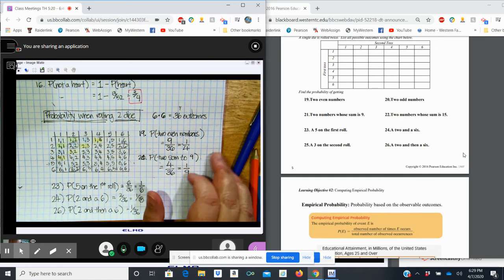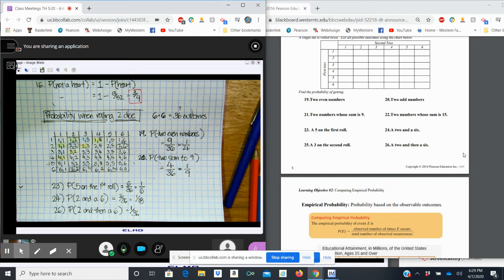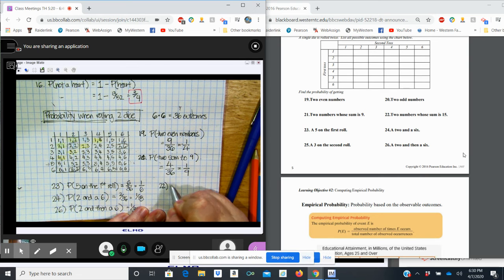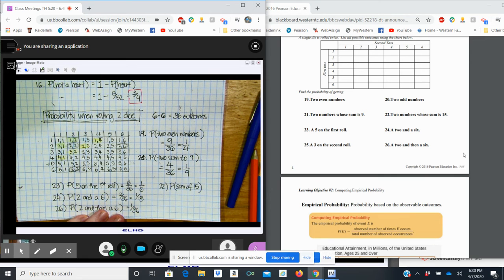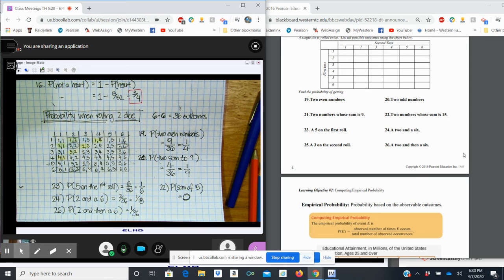22 is a little interesting too. 22 says two numbers whose sum is 15. So 22 is the probability that you had a sum of 15. Considering the largest would be 6 plus 6, and that adds up to 12, the chance that you would have a sum of 15 is a big old fat 0.